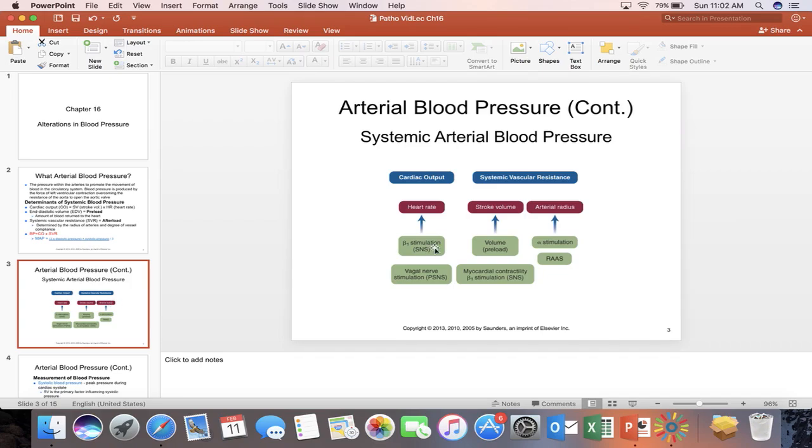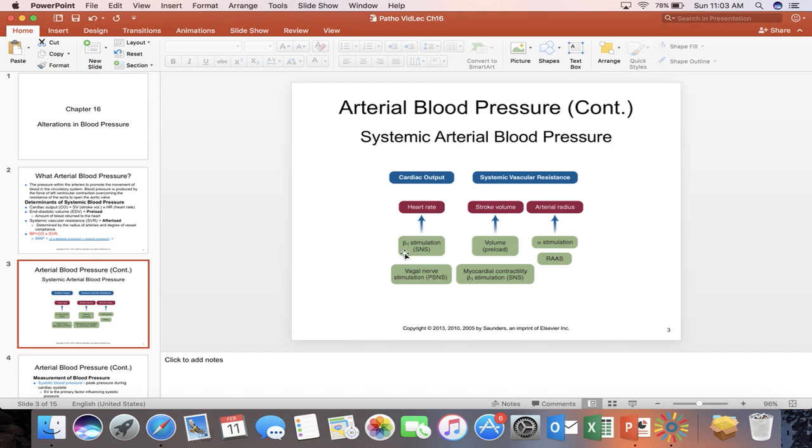Systemic arterial blood pressure. Once again, blood pressure is cardiac output times systemic vascular resistance. Cardiac output is the stroke volume times the heart rate. So what controls the heart rate?